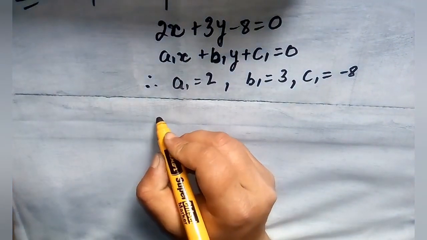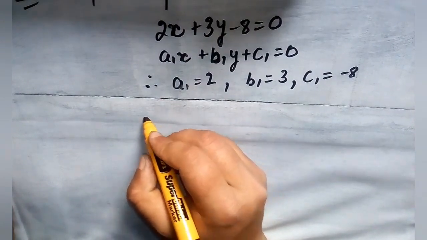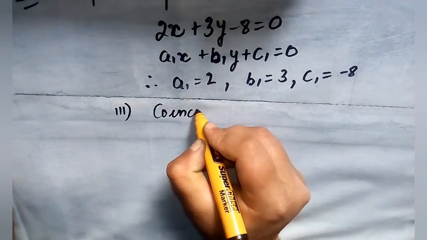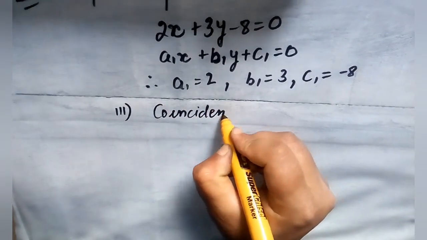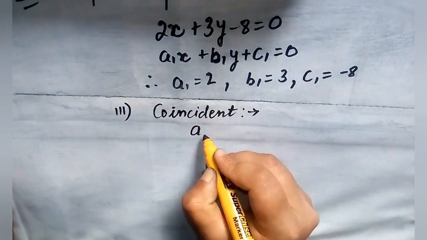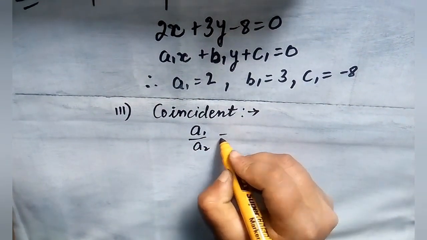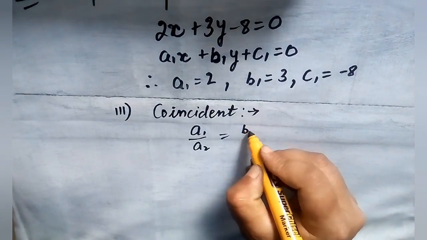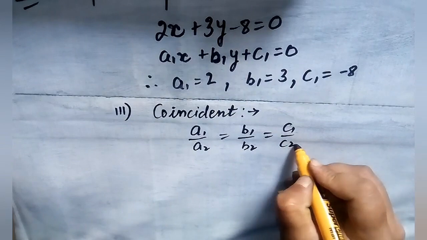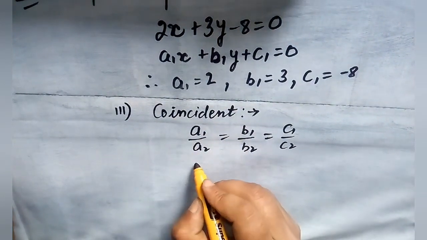Now for the third condition, here the lines are coincident. So remember the case of parallel. In a similar way you have to do it for the coincident also. So we know that the condition is a1 upon a2 equals b1 upon b2 equals c1 upon c2.